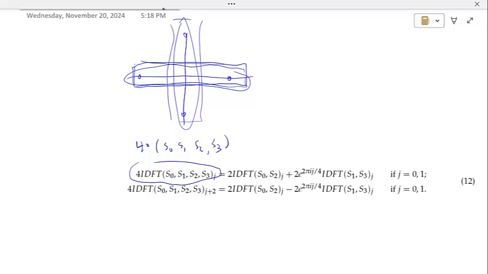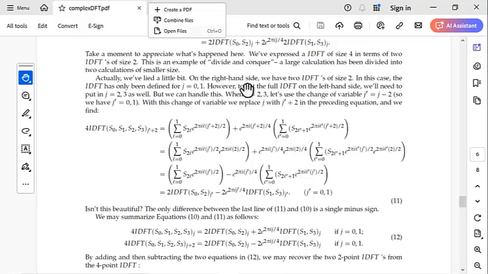So this is what I know. This is what I'm starting out with. And I want to get these two. So I'm going to invert this relation. This is a very easy relation to invert. I'm going to solve for these two in terms of the original, right? This is going to be the first two components, S0 and S1, and this is going to be the second two components. The j plus 2 here, right? Because j goes from 0 to 1. So I'm going to invert this relation, and that's what we have here.